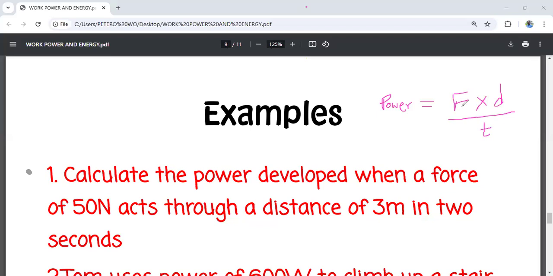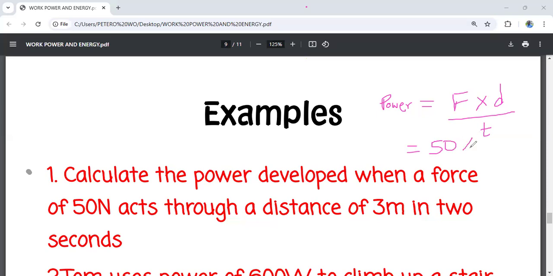The force has to be in newtons, the distance has to be in meters, and the time has to be in seconds. So it means we'll be having 50 as the force.